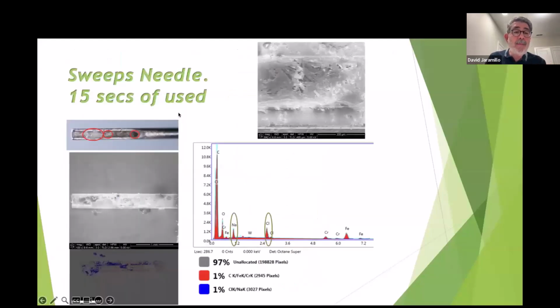So I took it to the SEM. I did an element analysis. This is the stereomicroscope picture of the areas that I analyzed. This is the SEM picture, how that crystallization is located, and obviously we found traces of sodium and chlorine in this crystallization.